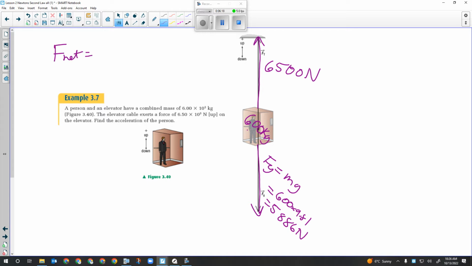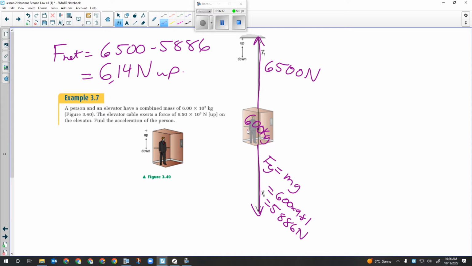Right, I have to find F net, which is the vector sum of all forces in this case. 6,500 minus 5,886 is going to give me 614 newtons up. So this elevator is accelerating upwards.